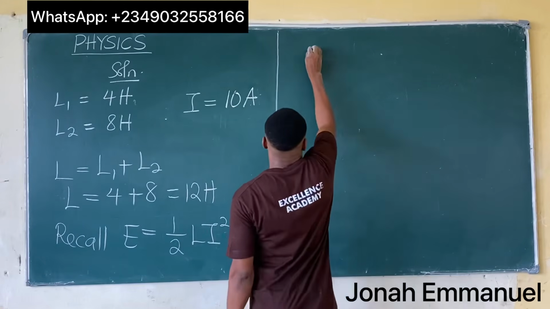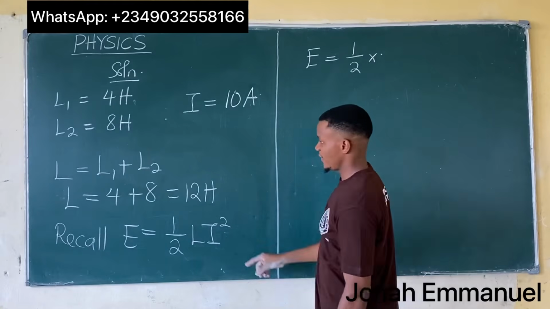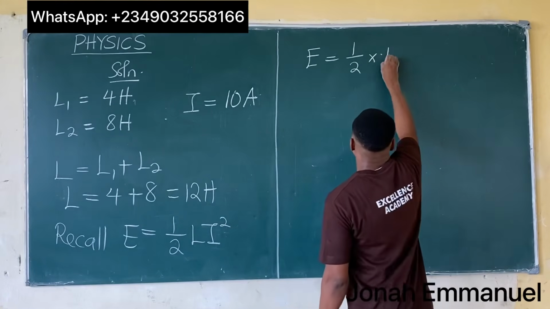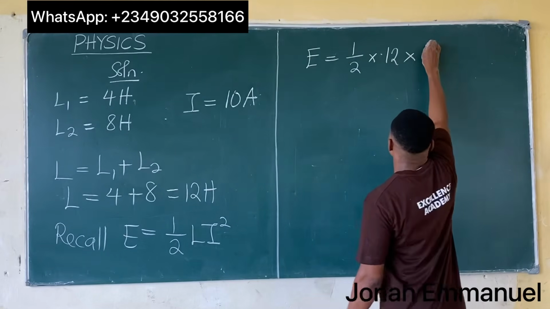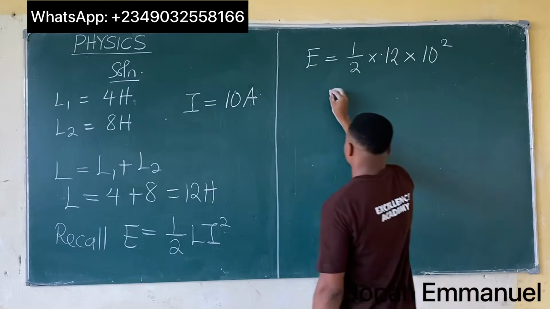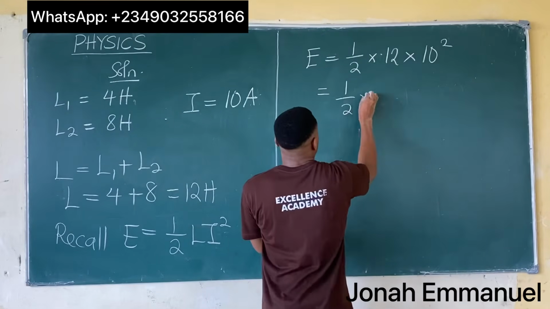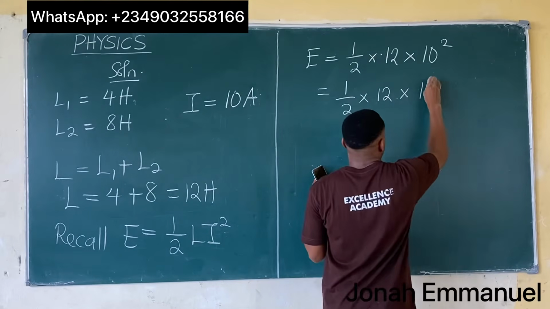So hence E is equal to half times L, the equivalent inductance 12 Henry, times the current, that's 10 squared. So half L I squared is equal to half times 12 times 10 squared, which is 100.